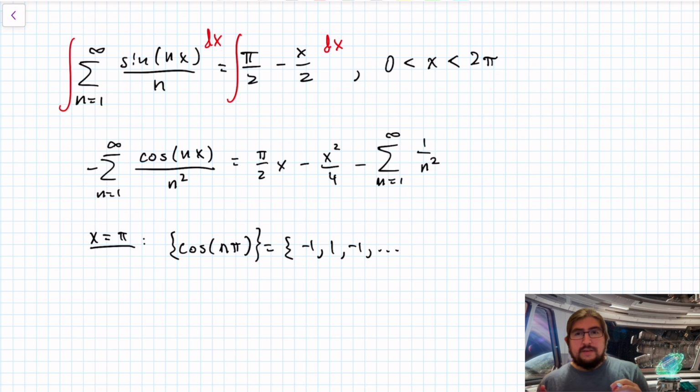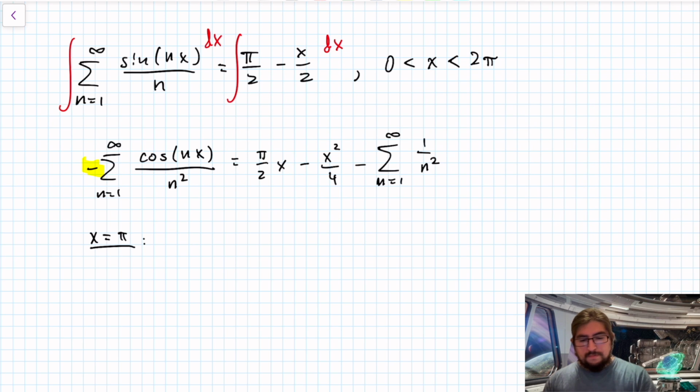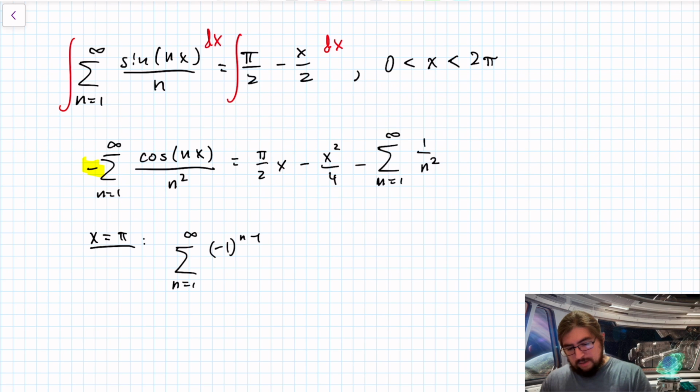So in fact, because of the negative in front of the sum, if you bring that in, then you have alternating signs starting with a positive. Here it starts with a negative, but again, with a negative in front, counting that as well, we end up with the following: the sum from n equals 1 to infinity of negative 1 to the n minus 1 over n squared. And I know this is certainly true because we start with a positive after distributing the negative on the outside inside.